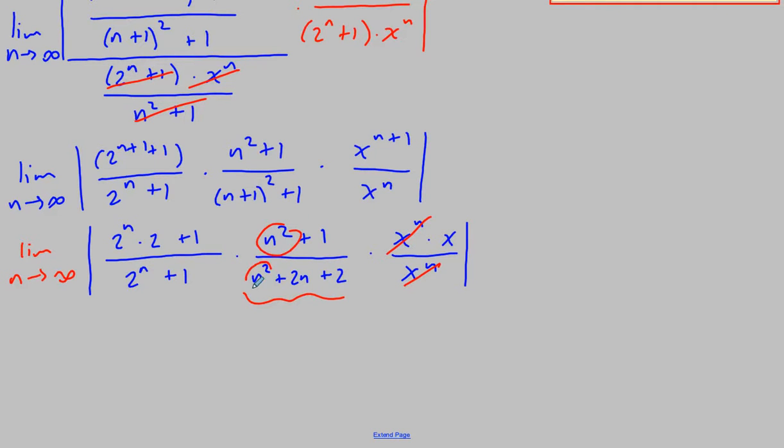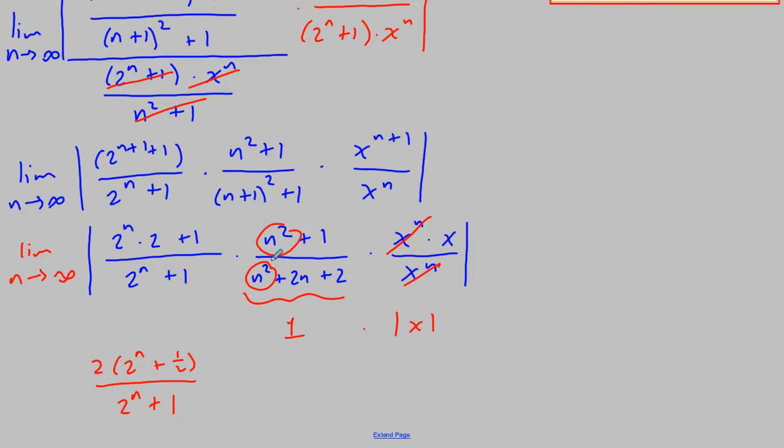This middle portion, in a limit as n approaches infinity, highest degree over highest degree, this is a 1. Everything's positive, so it's out of the absolute values. Here's my absolute value of x. And the only thing left to figure out is what's going on over here. Well, if I take this 2 and factor it out, I get a 2 to the n plus 1/2 divided by a 2 to the n plus 1.